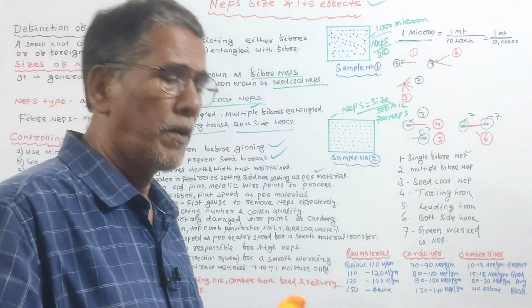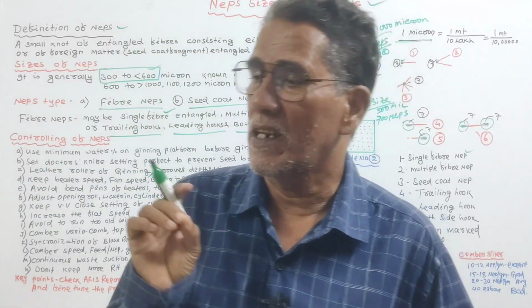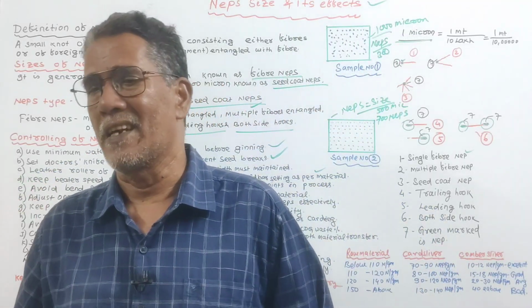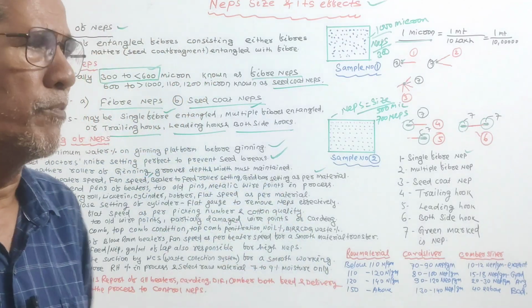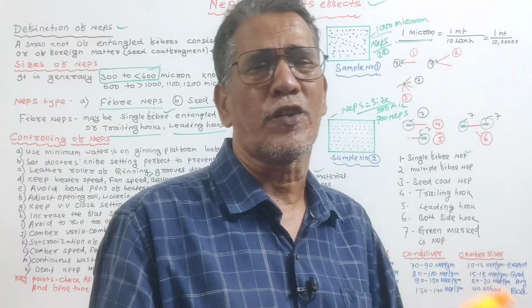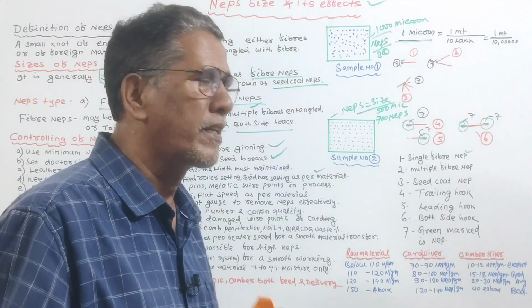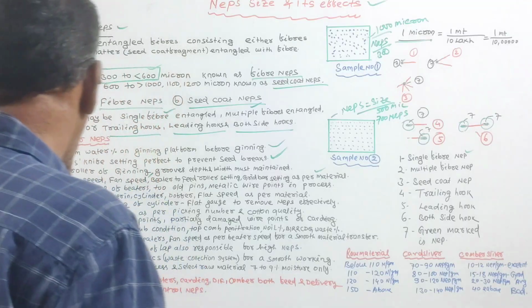If fine count material is running, meaning longer staple, less trash, then keep the speed minimum. If it is trashy cotton, medium count, then increase the speed somewhat more. In synthetic, you also increase the speed more. Okay.